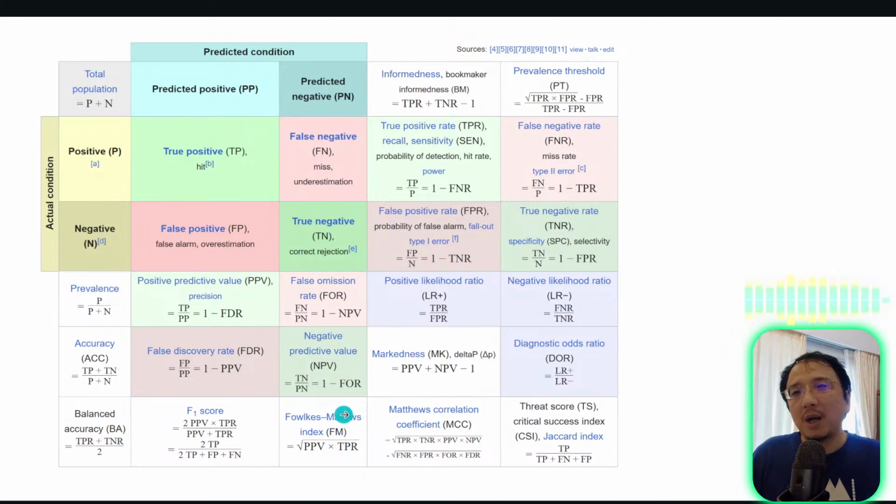And also there are terms like TPR. Let me choose the recall here. Where is our recall? Okay, this one is TPR, which sometimes we call sensitivity. This one is called FPR, and TNR.